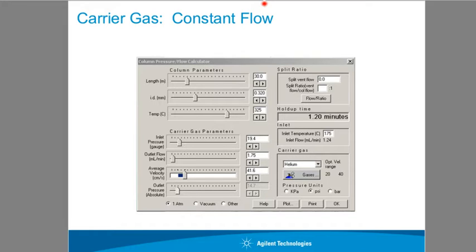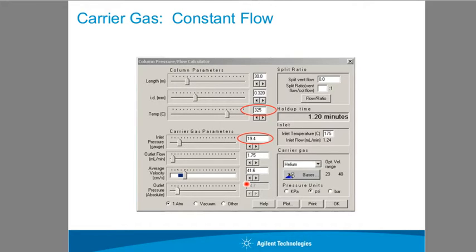Conversely, if we're in constant flow mode, again we've gone from 50 to 325. This time we've kept 1.75 as our flow rate. Our inlet pressure goes to 19.4, and our velocity has gone from 30 to 41.6. So things speed up.